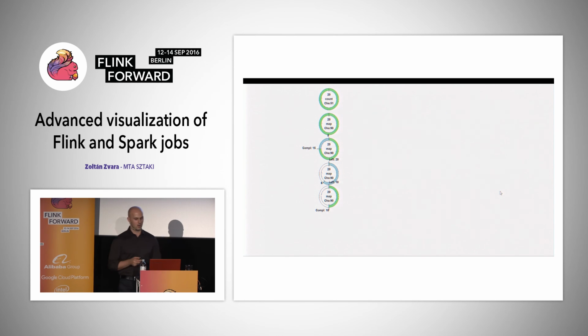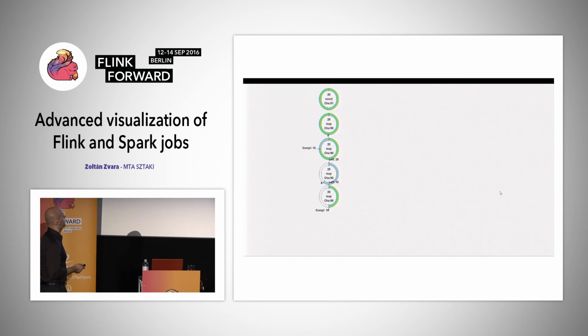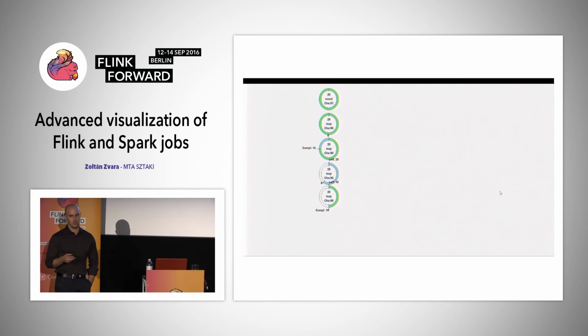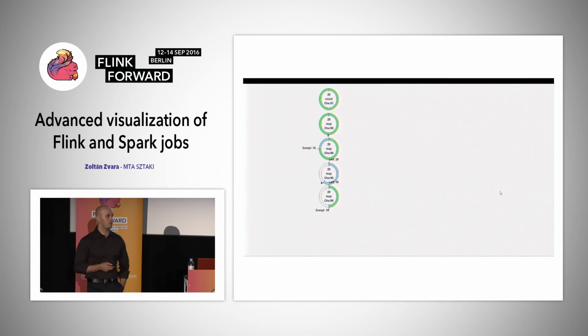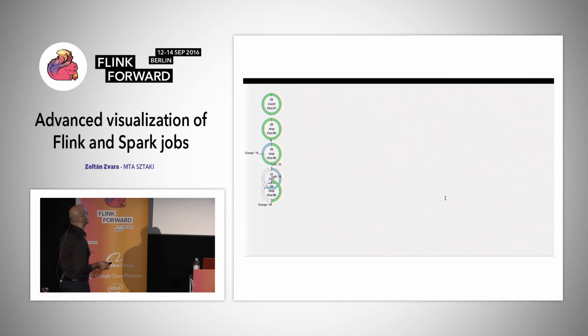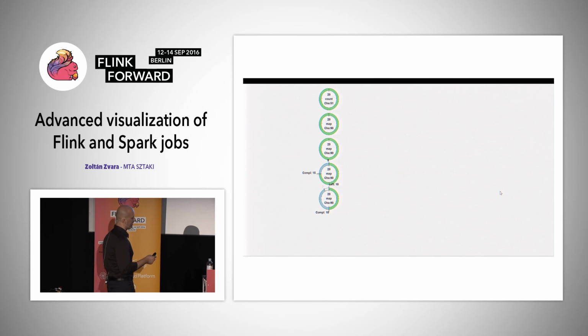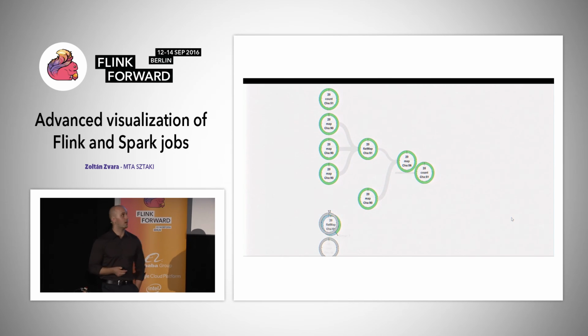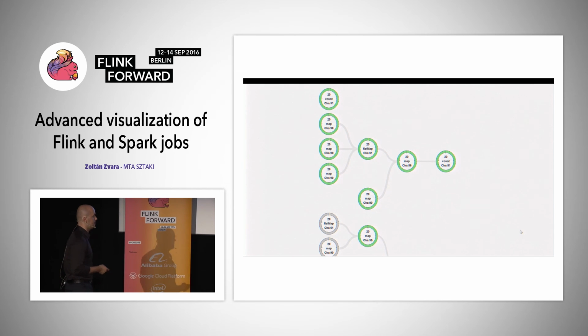Now, before I say goodbye, I would like to show you our new visualization that we are building. This is much more sophisticated, and this is going to be in public beta very soon. So what you're seeing here is a very complex Spark job, or a bunch of Spark jobs, being visualized.